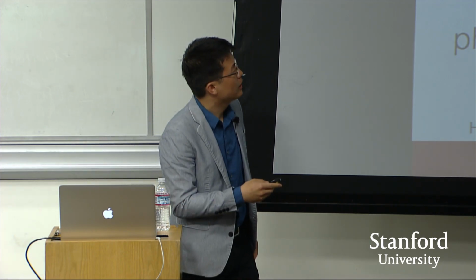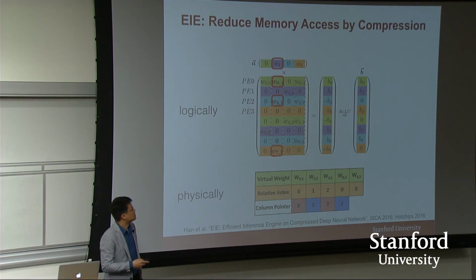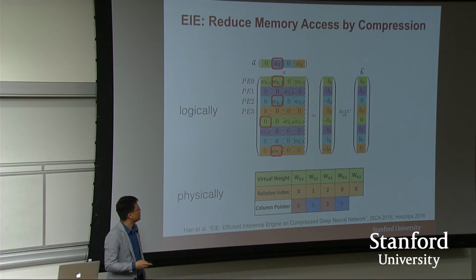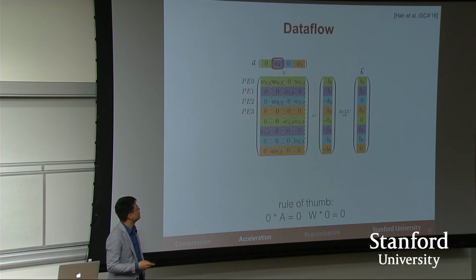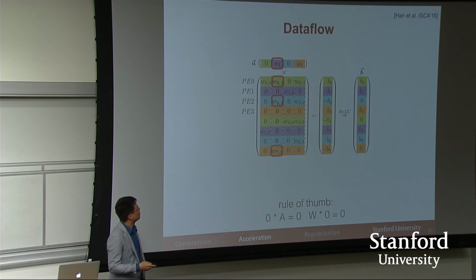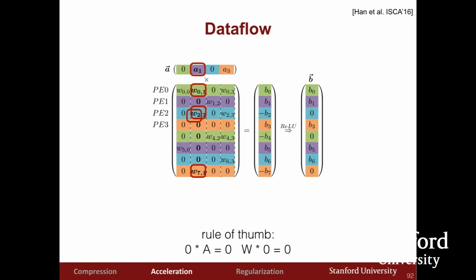In the computation, like this figure shows, we run the multiplication only on non-zeros. If it's 0, then skip it. Only broadcast to the non-zero weights. If it is non-zero, do the multiplication. In another cycle, do the multiplication. So the idea is that anything multiplied by 0 is 0.